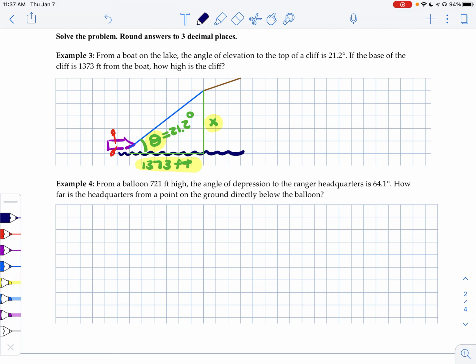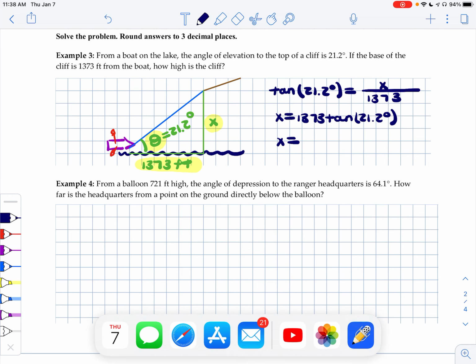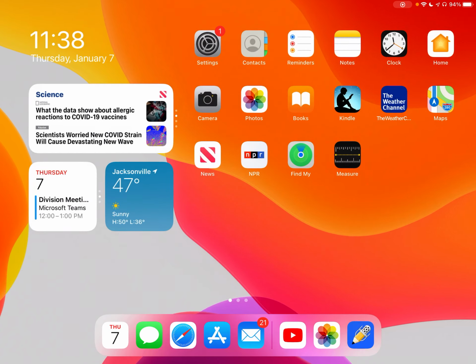So we would have the tangent of 21.2 degrees is equal to x divided by 1373. Then, solving for x, we just multiply that 1,373 over, and then we plug that into our calculators. So if you pull out your calculator, where'd my calculator go?